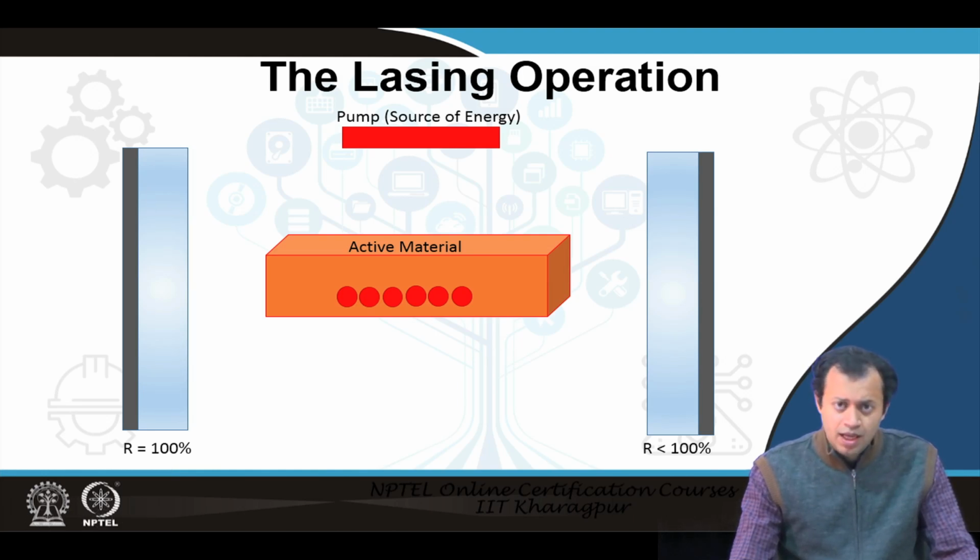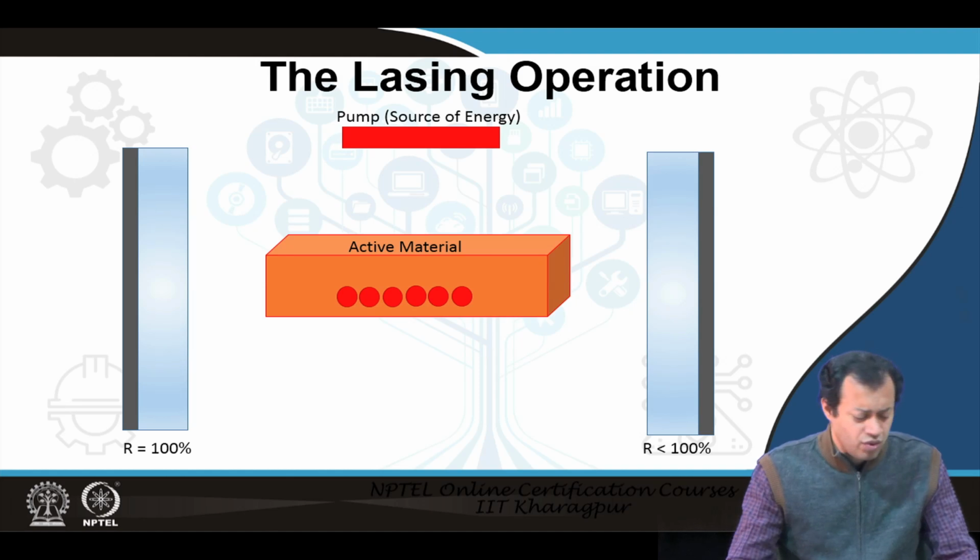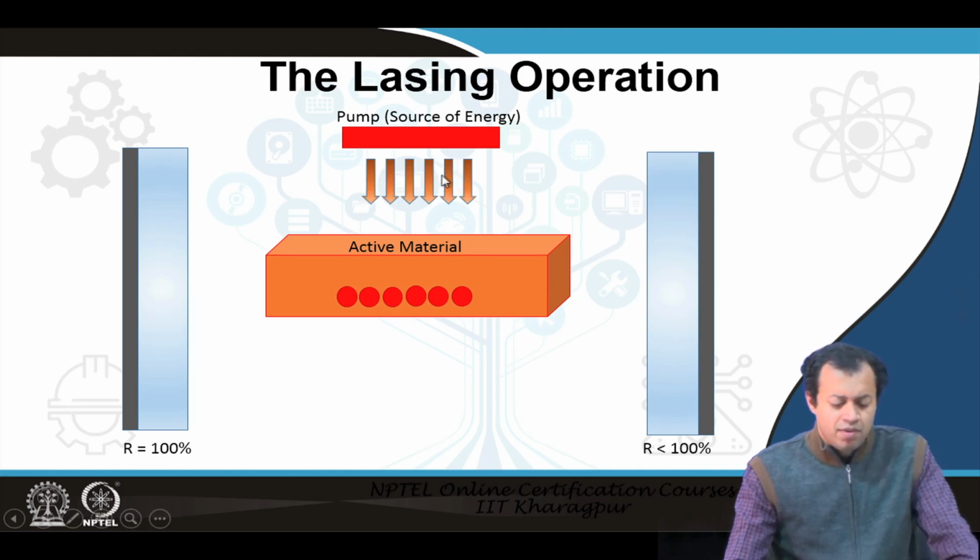So, let us start with the operation of a laser. You have an active material, assuming it has electrons. Most semiconductor lasers are electron based, and that is the most common one. So, you will utilize it. You have an active material which has a large number of electrons, supposedly at a lower energy state, maybe the ground state. You pump some amount of energy.